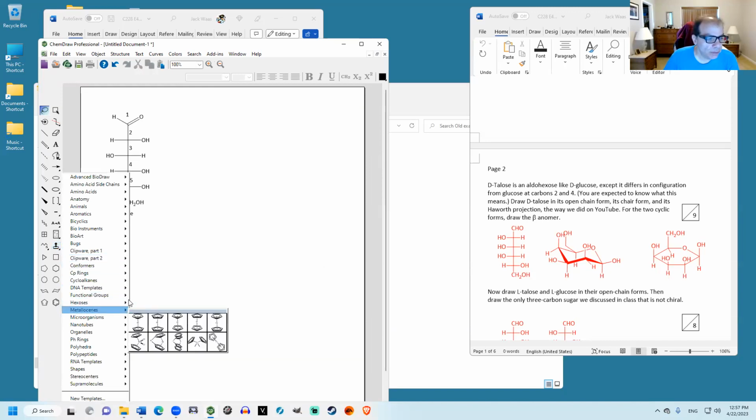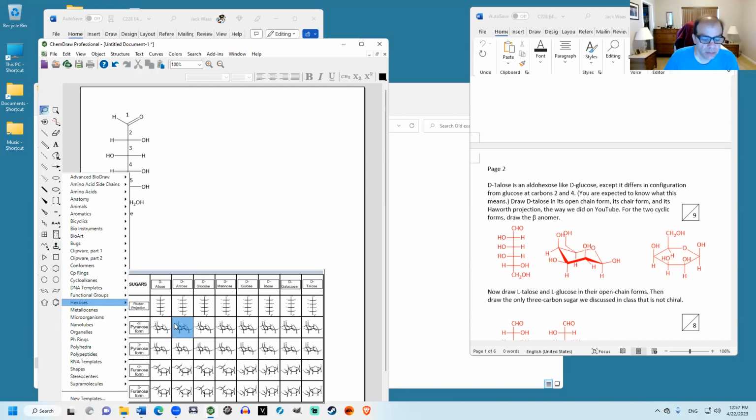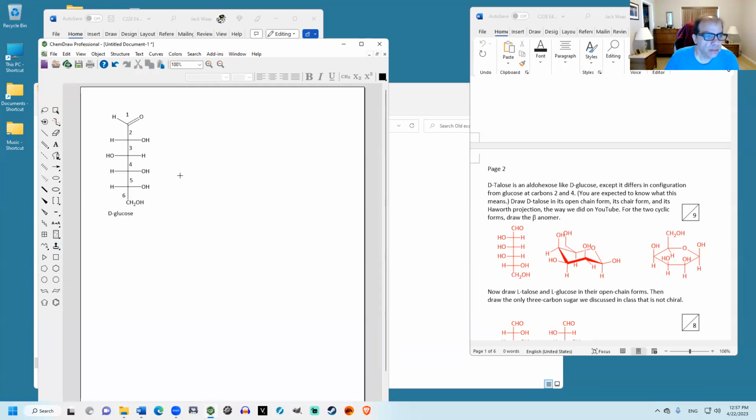As for the chair form, here's glucose in the chair form. You'll note that all of the OHs are equatorial. I did it in the beta anomer because the problem says to draw the beta anomer. 1, 2, 3, 4, 5, and 6.